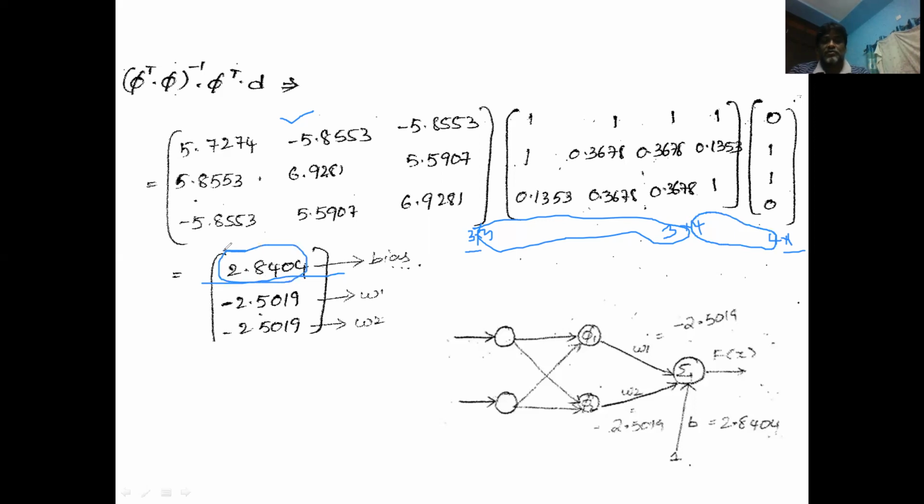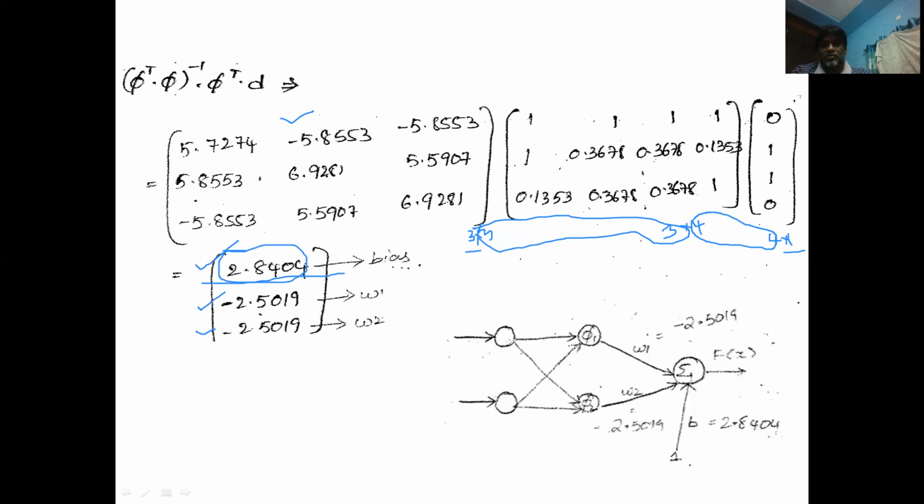If you kept that once as third column in the interpolation matrix, then you will be getting the bias value here. Anyhow, we took it as first column, so the first value is considered as bias value, and the remaining two are weights, W1 and W2. Here we got the same weight values, minus 2.5019 and minus 2.5019.